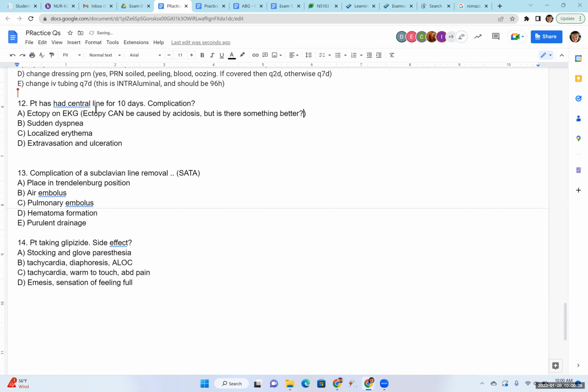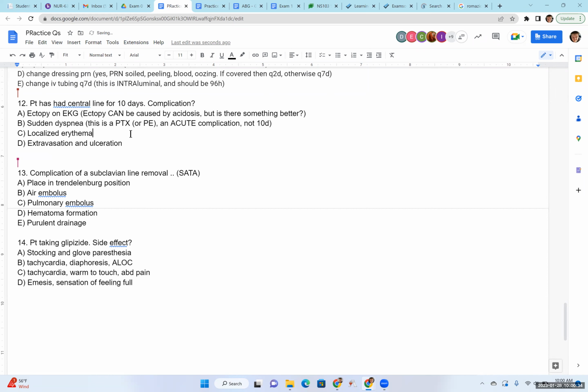Because this is not a SATA. Sudden dyspnea. Yes, this is a pneumothorax, right? Or PE maybe, and PE can be a cause of line issues if it's a midline or something for a long time, but with 10 days, it's going to be hard pressed to develop one in that amount of time. And it's an acute complication, not 10 days.